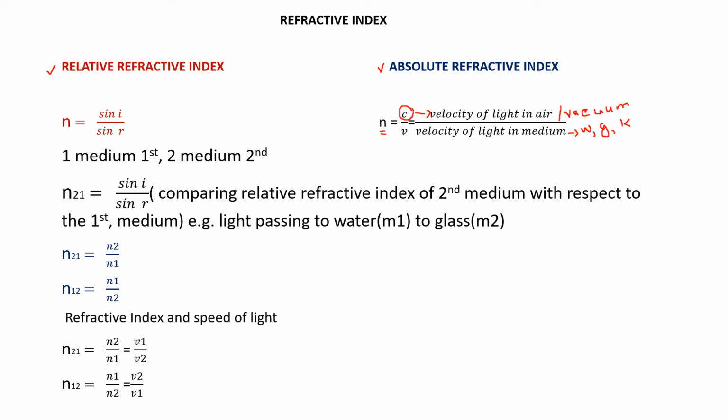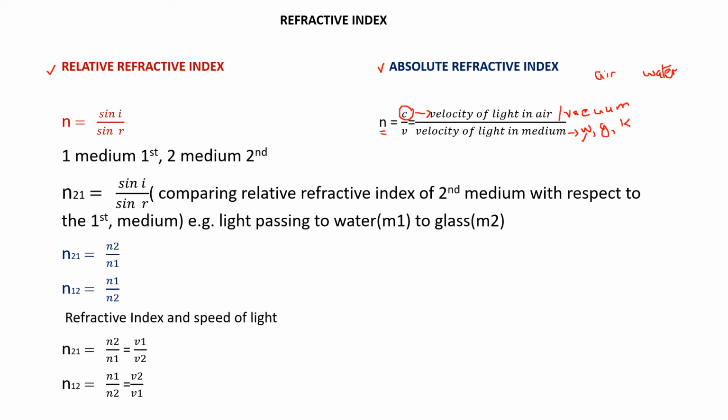Light is passing from air, in this case, to, let's take water. Air to water. This is very important, children. These concepts you have to know.